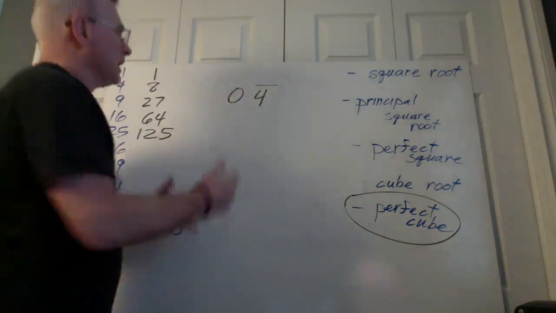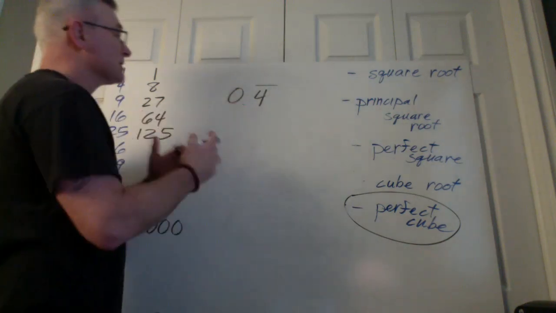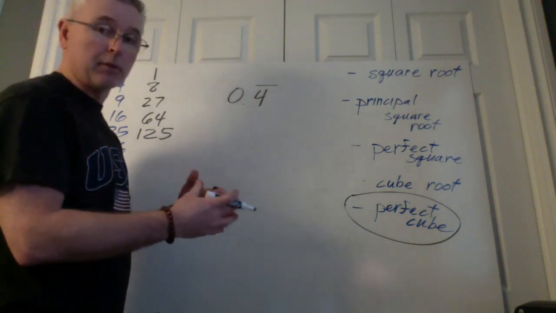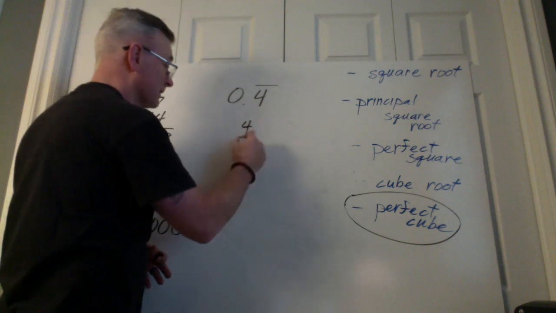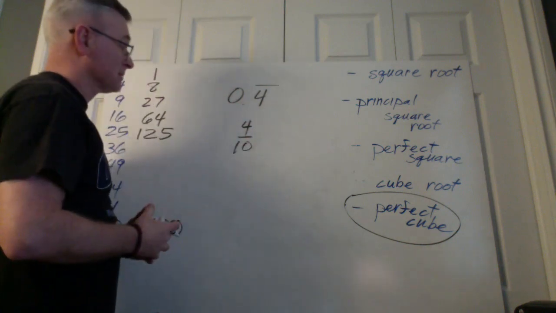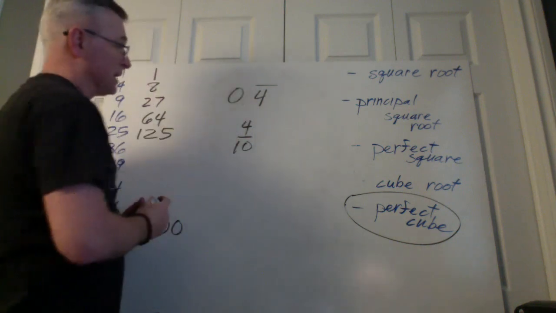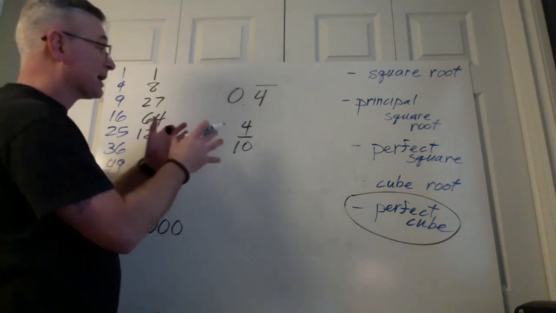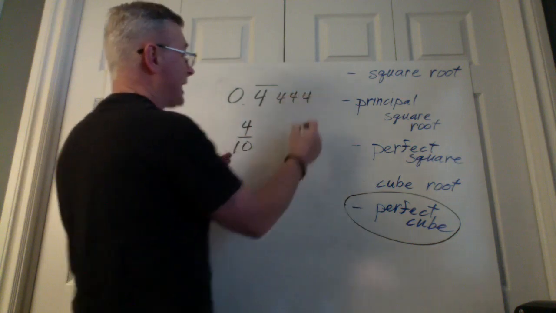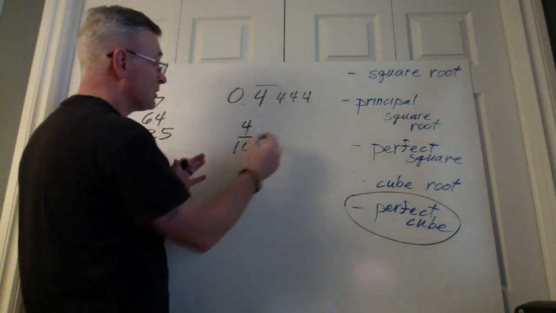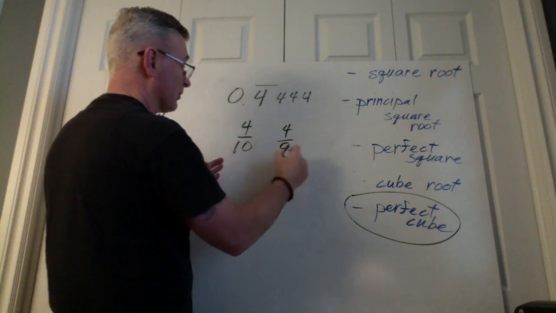So remember, this thing is really a rational number. It would be 4/10 if that repeater wasn't there. So what I'm going to do is make the top worth a little more so I can get all these 4s back in this. All I'm going to do is make it 4/9.